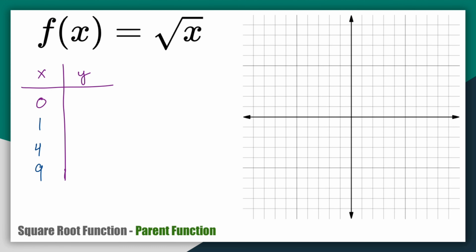Now think about it, we have to find a number that multiplies 3 times when we're taking the cube root. And so getting those perfect cubes, there's much more of a spread between those numbers. So we're going to use -8, -1, 0, 1, and 8 because all of those are cubes, okay? Now notice the big difference. We can have negative input for the parent function, and that's totally okay.